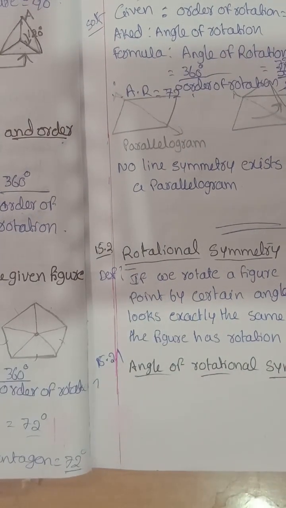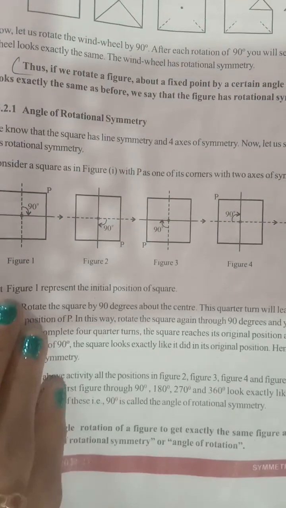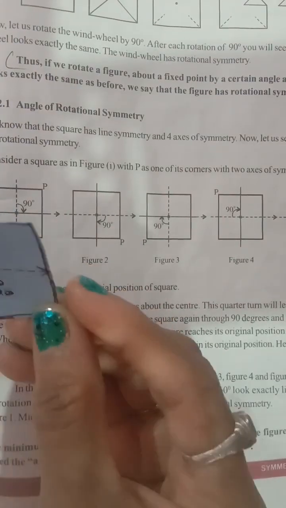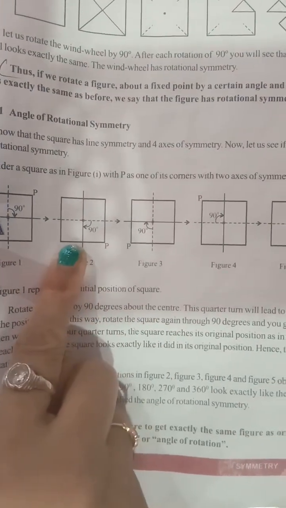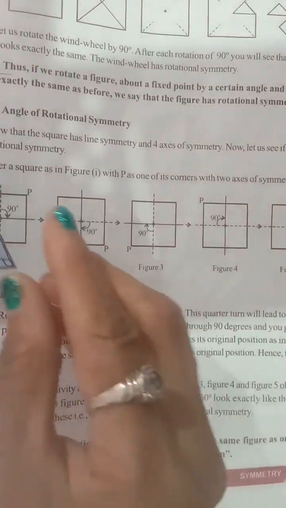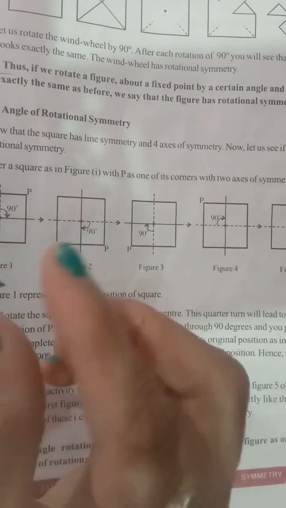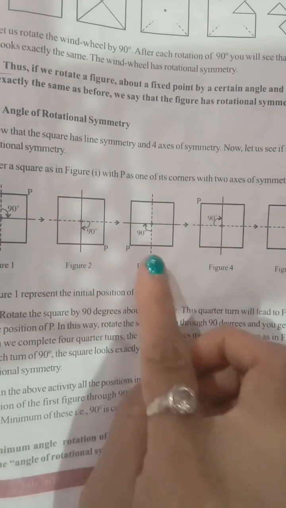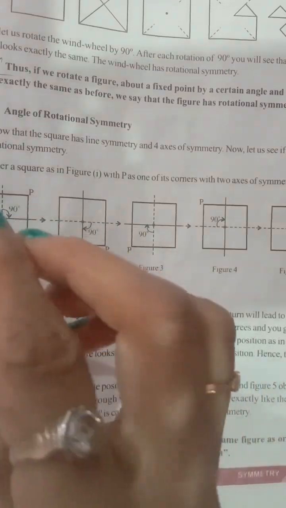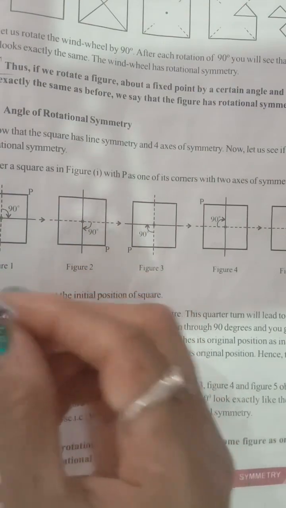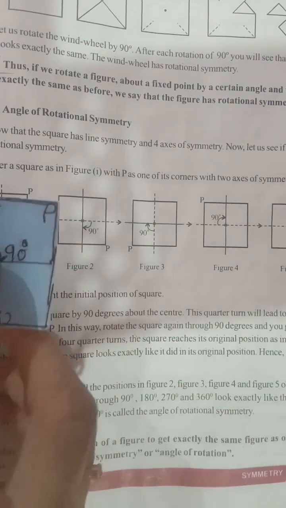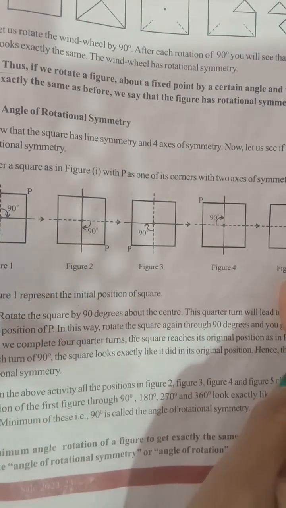Then again it is rotated by 90 degrees, so we get the third figure. And when we complete the 4 quarter turns, the square reaches the original position and looks exactly like the original figure, figure 5.